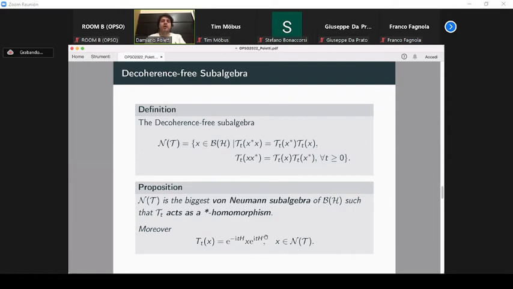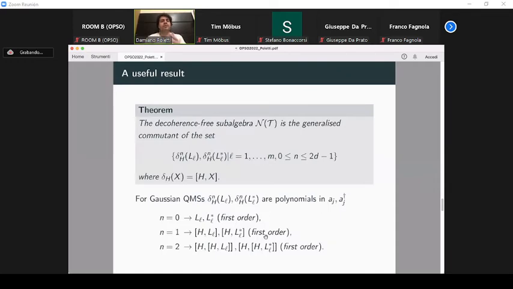Now we would like to characterize it, and understand how the decoherence-free subalgebra of a Gaussian quantum Markov semigroup is made. The main result we will use is this theorem from Professor Fagnola and collaborators, that we also proved in a different way in the paper I cited at the beginning.